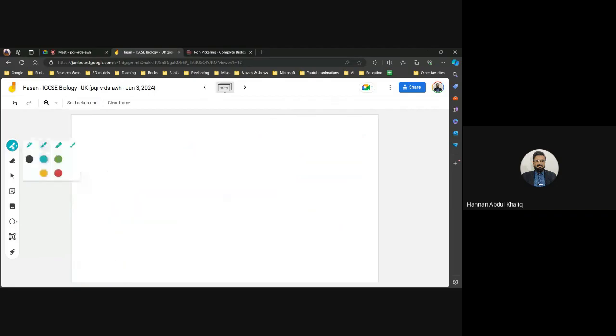So this was a very important concept related to the CIs. We'll be doing some MCQs right after we have discussed the topic I'm about to discuss. Now, why is photosynthesis required?